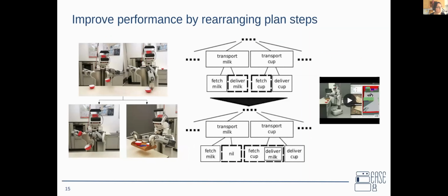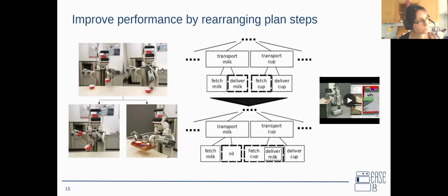Another very important advantage of declarative approaches, of declarative planning, is that you can easily optimize your plan. You can take the execution, find a better way to do it, and execute that on the robot. If we do it in an imperative way, for example, we have a plan to transport a ball from this counter surface to this table, and we need to do it for two balls, then obviously we will just call the pickup function twice, and the robot will do it in sequence.